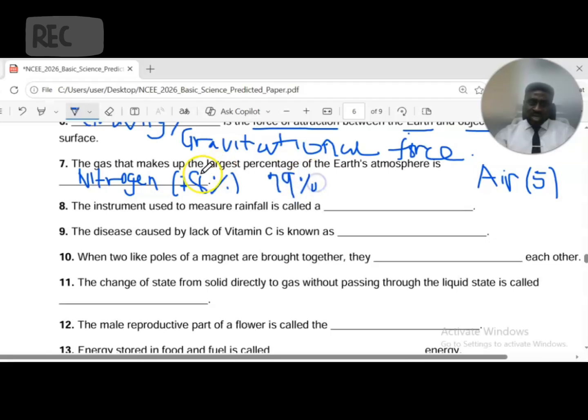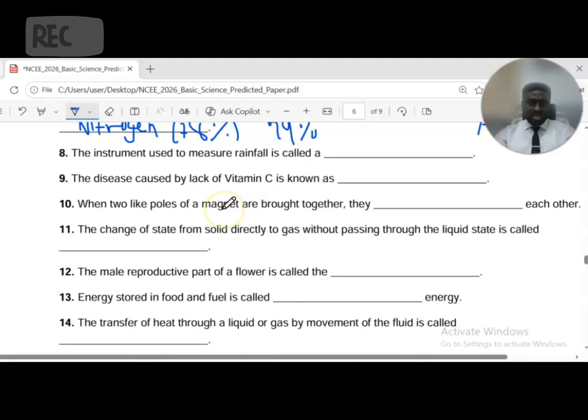So either of these two is just a difference of 1%, but the one you will always come across in most textbooks or journals is 78%. Question 8. The instrument used to measure rainfall is called, I guess you know the answer, a rain gauge. A rain gauge.